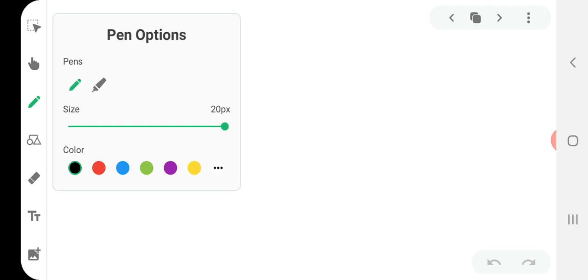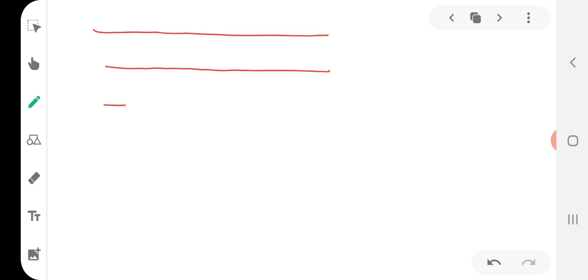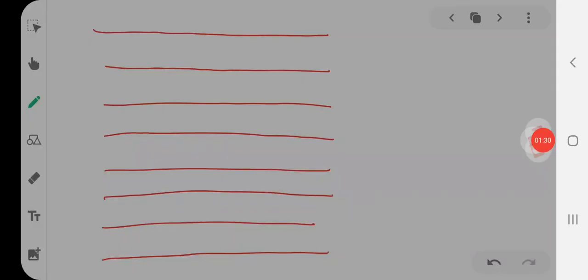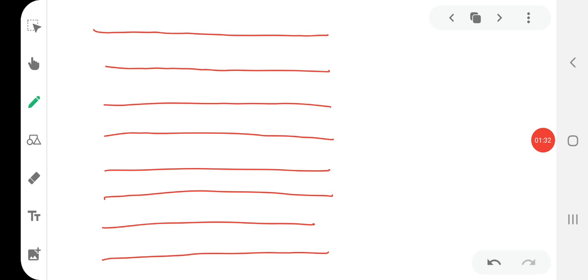For finding this DFT by using this method, how many sequence values do we have? 8. That's why we will draw 8 lines: 1 2 3 4, then again 1 2 3 4. These are the 2 groups of 4 lines. Now see how we will mark here.